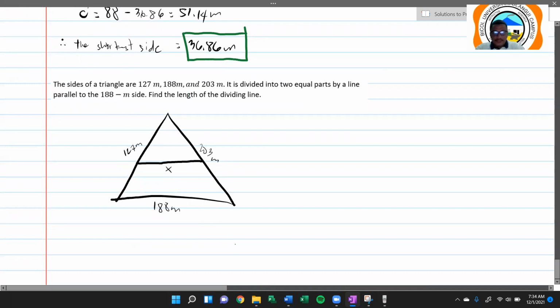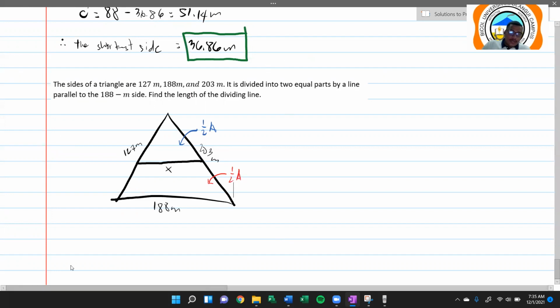So suppose the area of the triangle is A, then the area of this triangle here must be 1/2 of A, and the area of the trapezoid here is also 1/2 of A. Now we can use the properties of similar triangles, because this bigger triangle and this smaller triangle are similar.